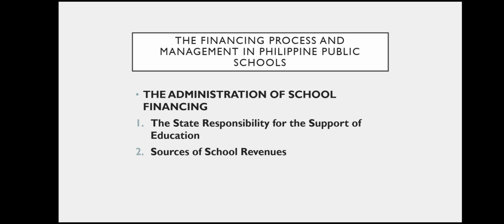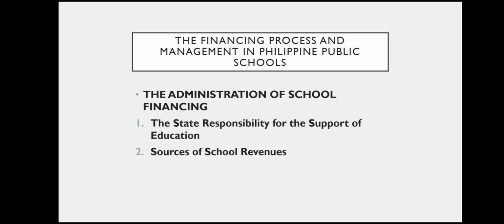Now let's talk about the administration of school financing. So the state responsibility for the support of education. In terms of the administration of school financing, they really need to put effort into it.